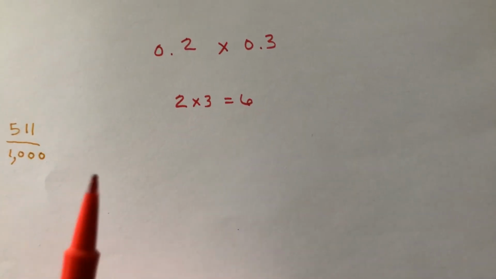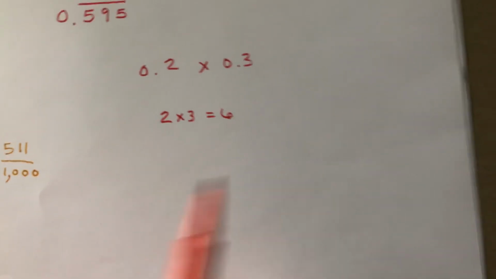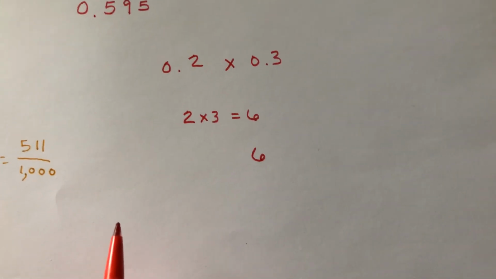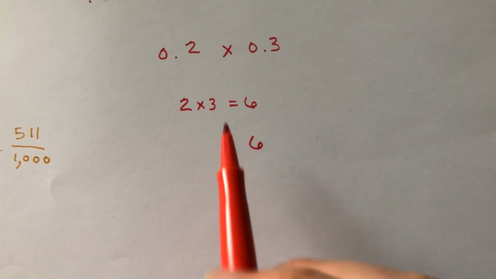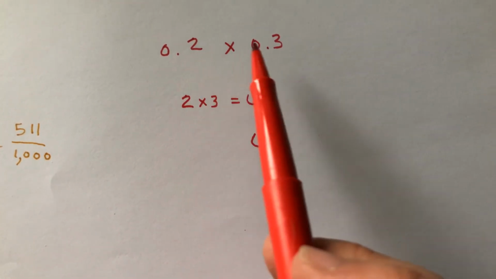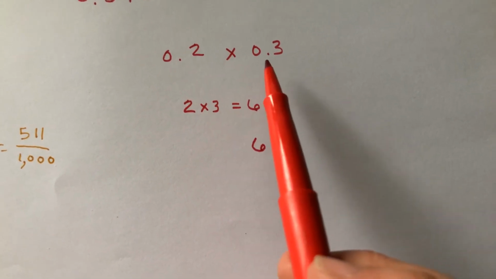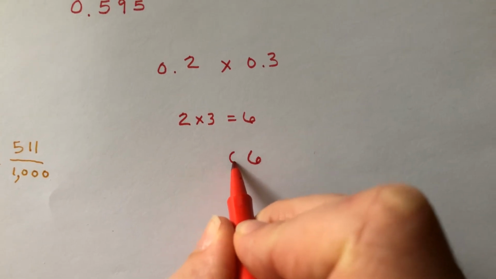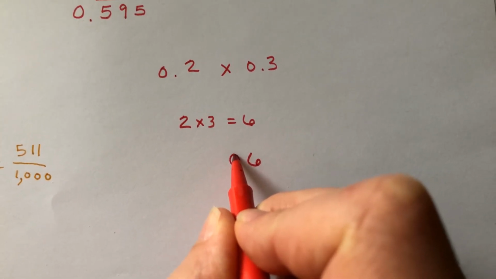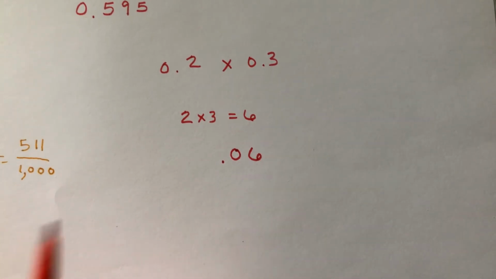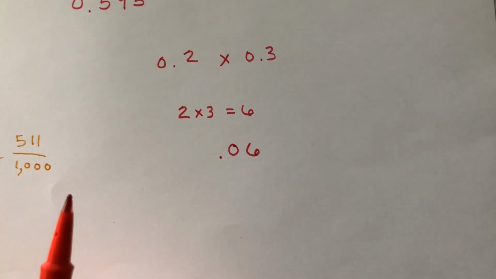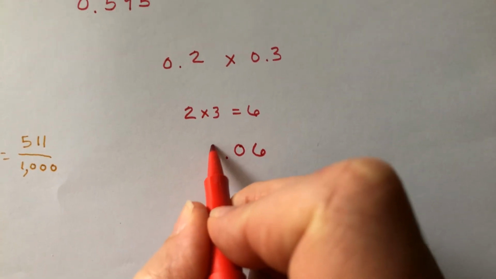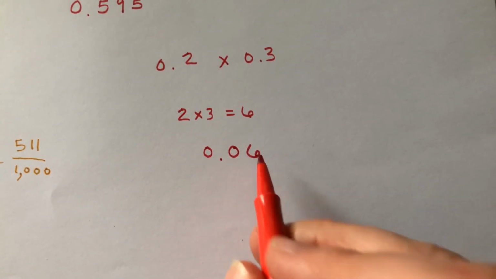But we only have a 6 here. So what do we do? Well, there has to be 2 numbers to the right of our decimal, right? 1, 2. So in this case, we have the 6 and a 0 has to go in front of that 6, okay? So we have a decimal point, then a 0, then a 6.